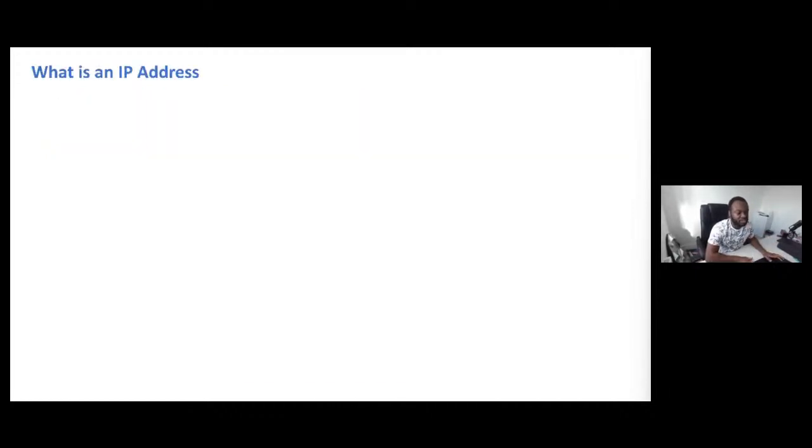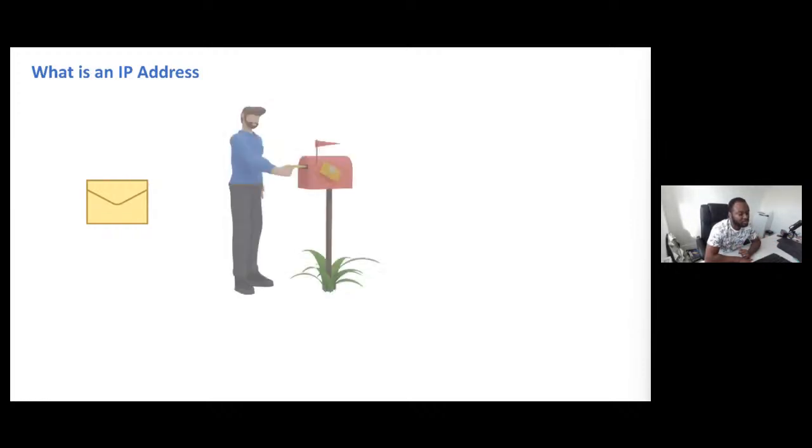We can look into this in the context of mail. When you want to send a physical mail out, you first of all have to post it. But before you do so, you need an address on the envelope. So the address is more like the IP address in a network context.